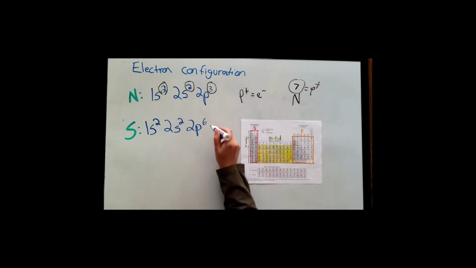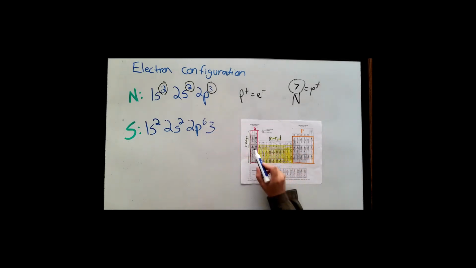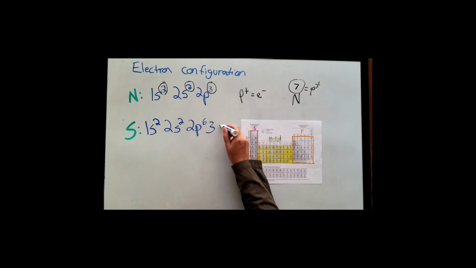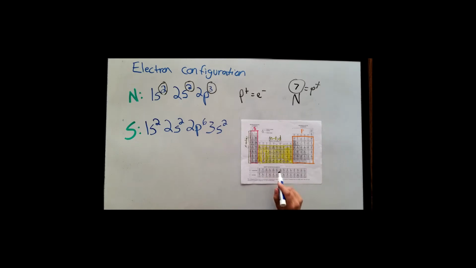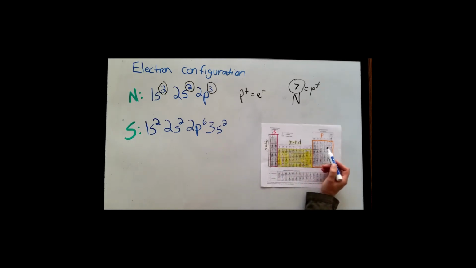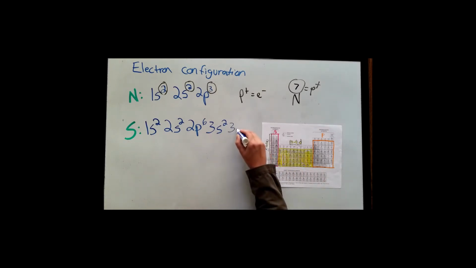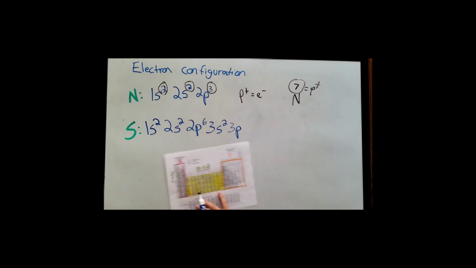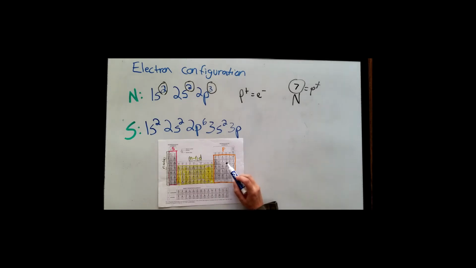So I hit period 3 next. I hit the S block, always hit the S block first. The maximum amount of electrons in the S is 2. So now I'm at magnesium. I'm going to keep going. I'm still in period 3. I hit the P block next. Now this time sulfur's in the P block. Which one in? It's 1, 2, 3, 4.